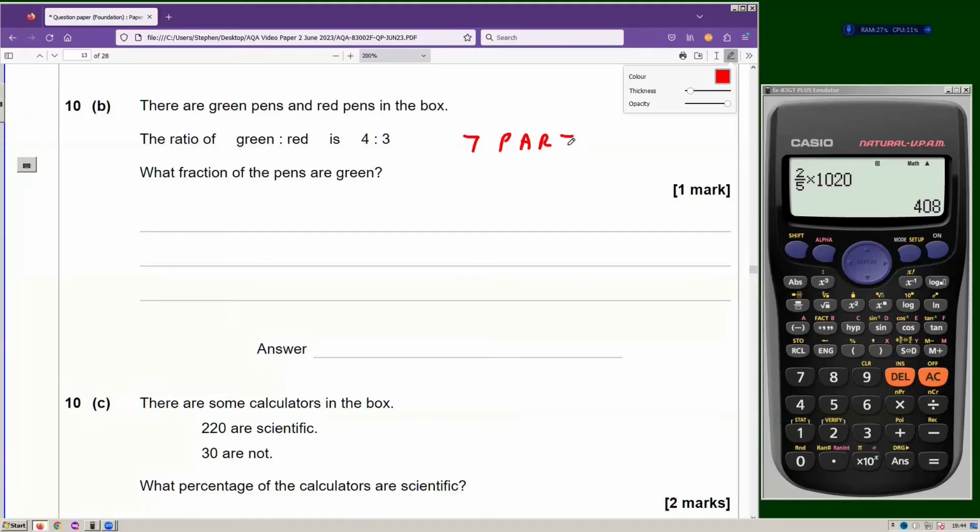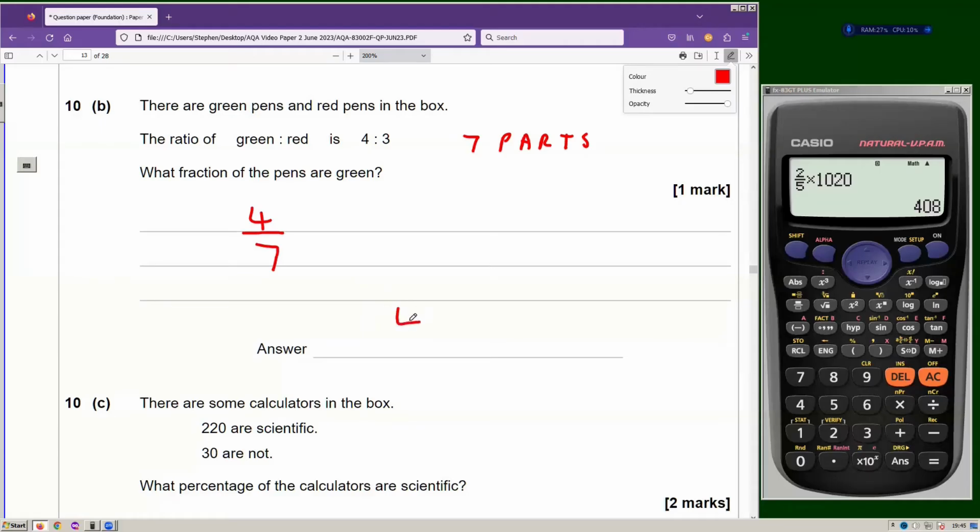Imagine you just had 4 green pens and 3 red pens. You'd have a total of 7 pens. And if you put your hand in the box, pulled out a green pen, you'd have a chance of 4 out of 7. So what fraction of the pens are green? It's 4 out of 7.